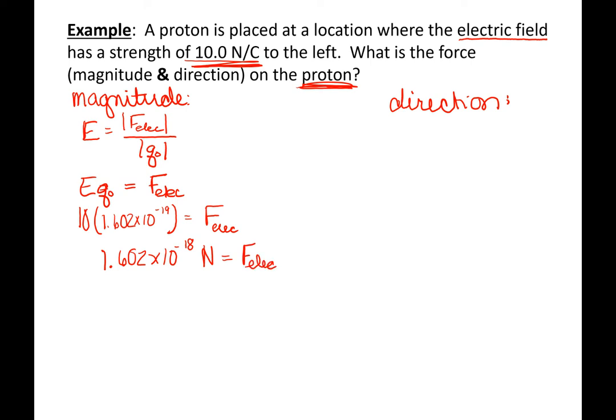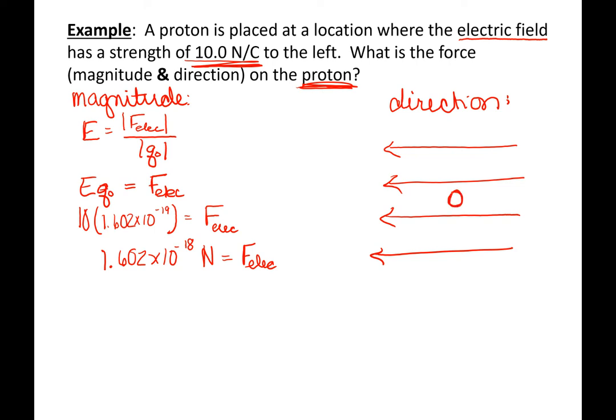Now for the direction. We're told that the field is going to the left. So let's start by drawing a field to the left. And I'm going to be just a little bit over the top on this, just for being me. And inside that field, we're going to put a small positive charge.